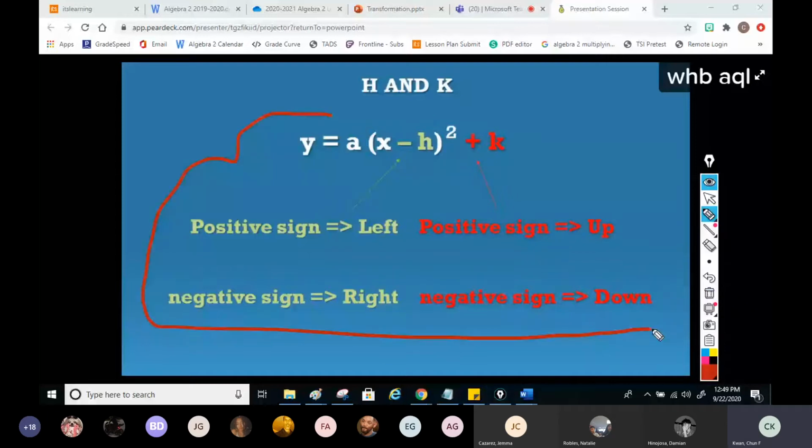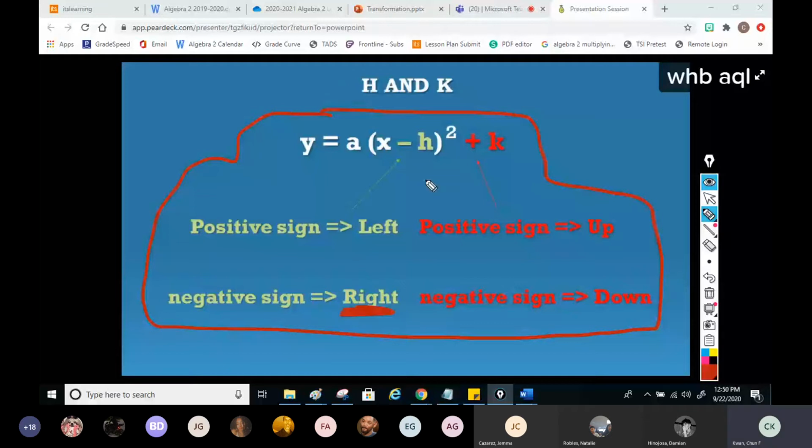So when you look at h, if there is a minus sign, the negative sign tells you that the graph shifts to the right. The graph shifts to the right if this is a negative.